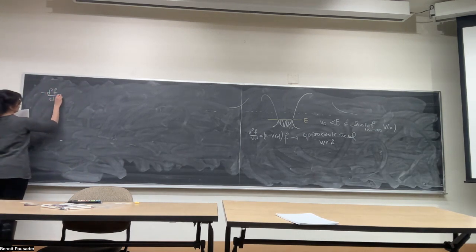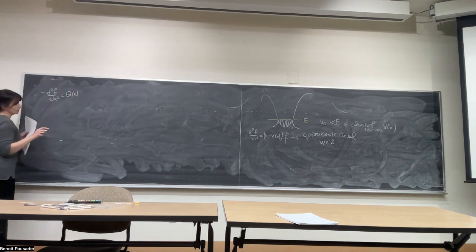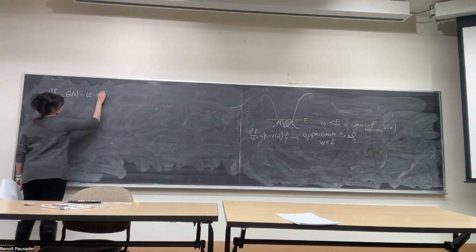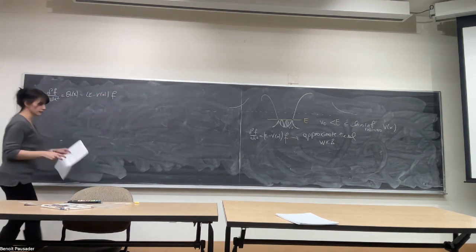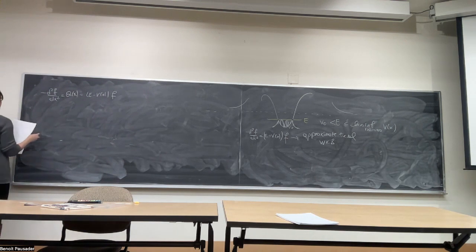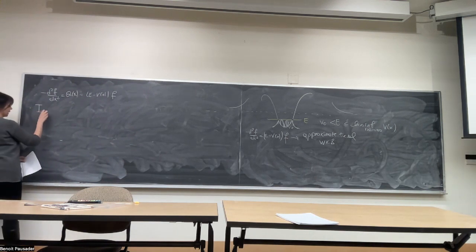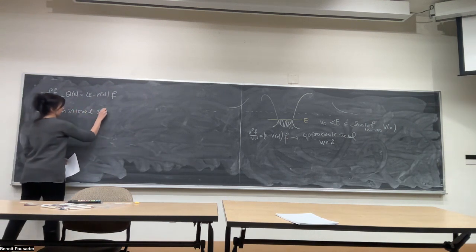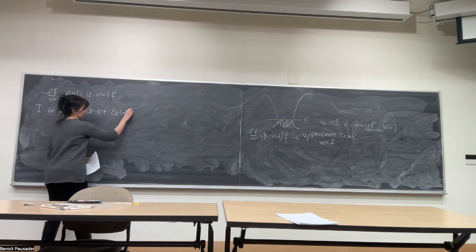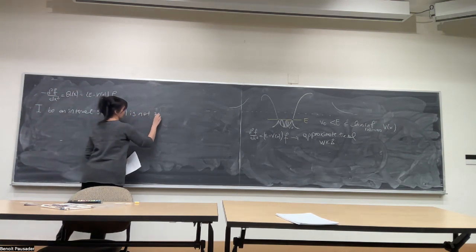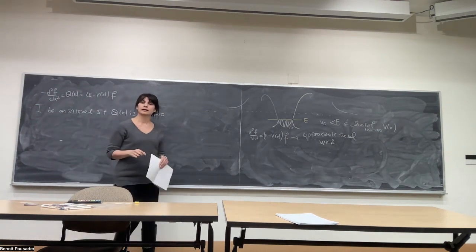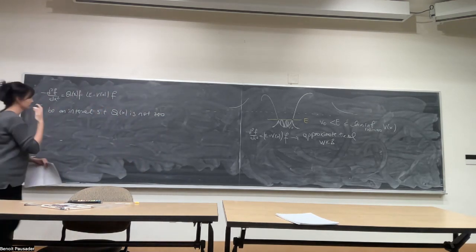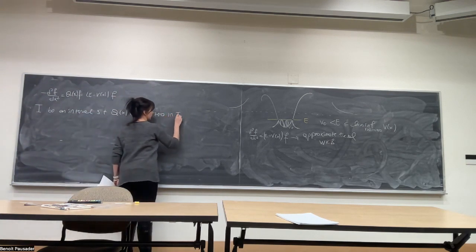Suppose that we have a problem like that. This is going to be like Q times F if we compare with that problem. And let's suppose I is an interval such that Q of x is not zero in I.